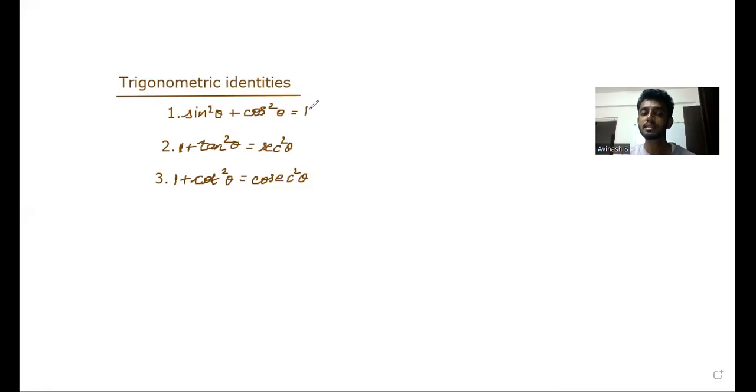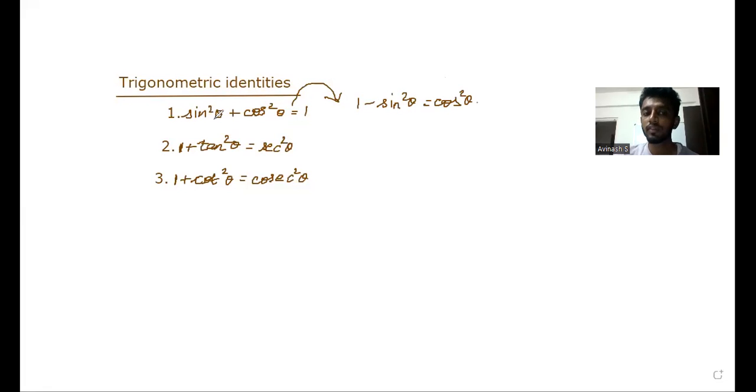So now, first and foremost thing that you have to understand from this equation is you should be able to change this equation according to the question and still be able to get some answer. What I mean by that is, from this equation, 1 minus sine square theta will be cos square theta. So this understanding we should have, like how it will change if you bring it to the other side and all of that.